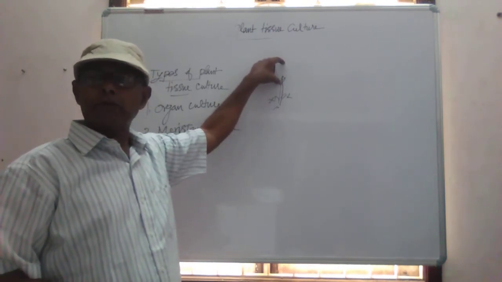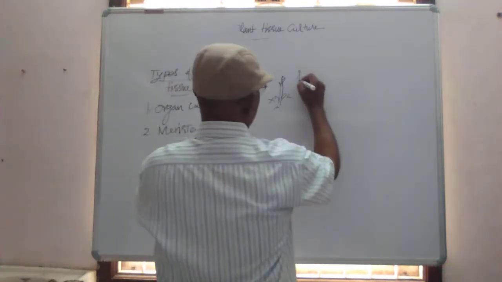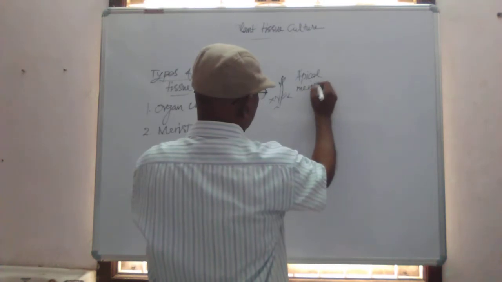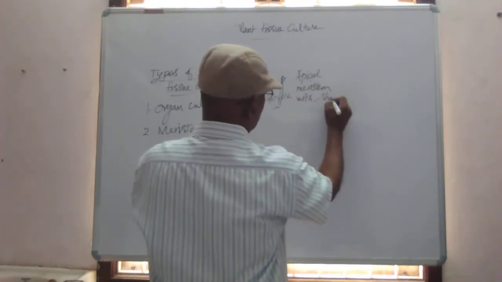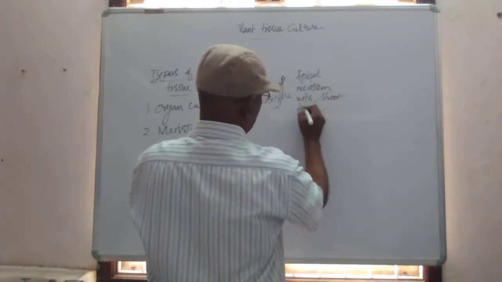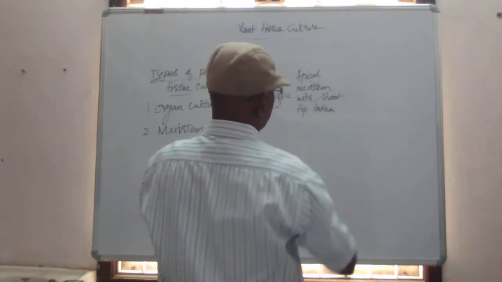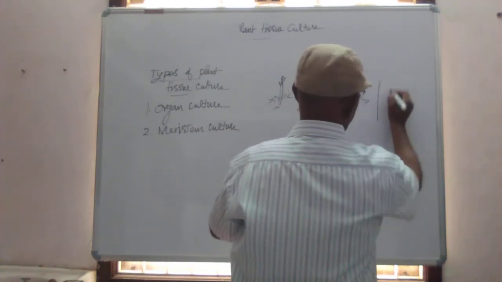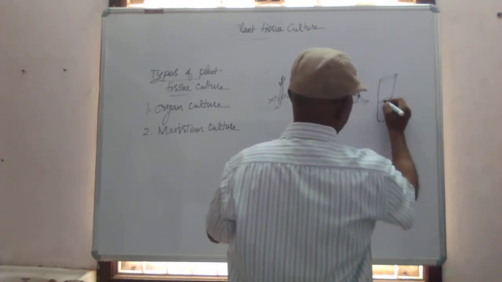The apical meristem with the shoot tip is taken, and that is grown in a test tube containing culture medium.